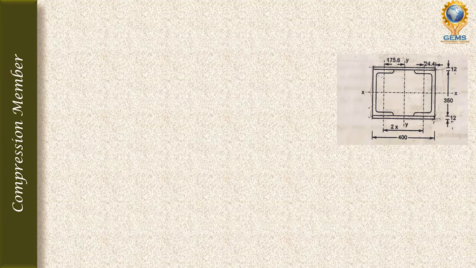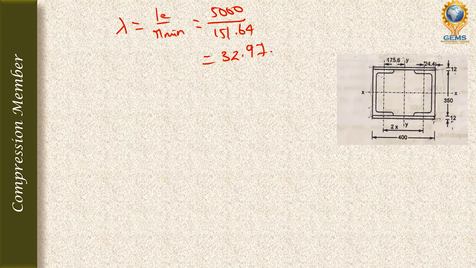So we have r minimum, and then we have the effective length. The maximum slenderness ratio is equal to effective length by r minimum. So that is equal to 5000 divided by 151.64, which is equal to 32.97. So lambda is 32.97.